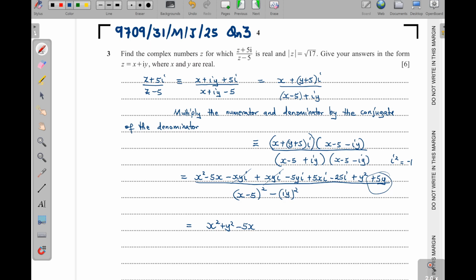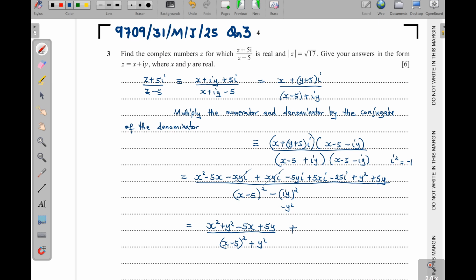There is 5y here, so plus 5y. Then I'll divide this one by what we are having down here, which is x minus 5 squared, then plus y squared, because here we are going to have minus y squared. Remember, i squared is a negative 1, so minus and a minus becomes a plus here. Then after that, this is the real part.